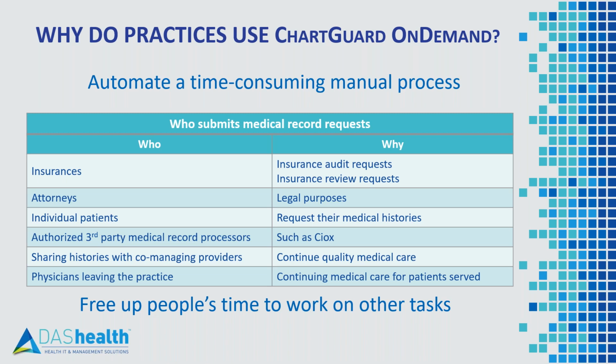So they can be quite extensive when they come in like that, and it can take an extensive amount of time to do that. So in using a product like ChartGuard OnDemand, it does definitely automate the process. It definitely does free up people's time to work on other tasks as well.